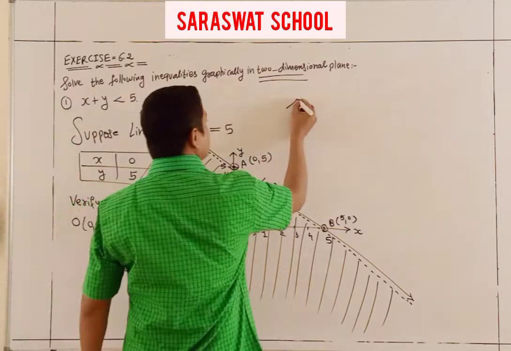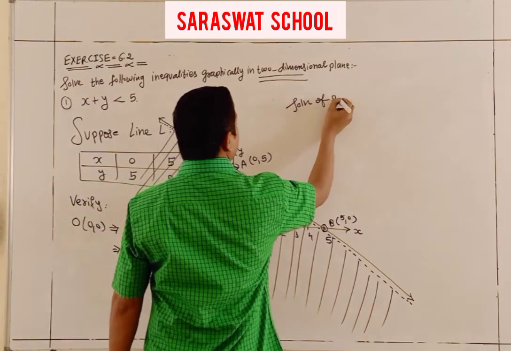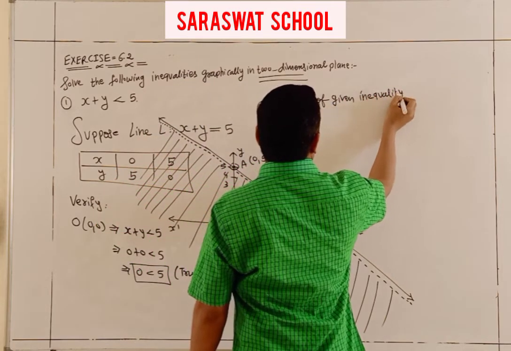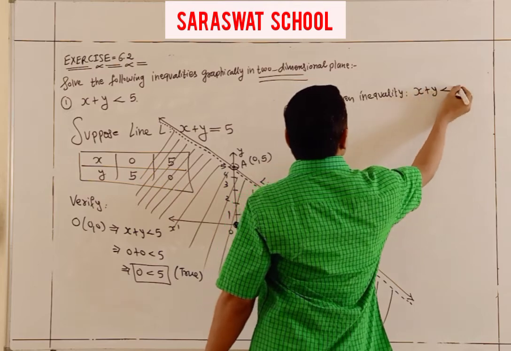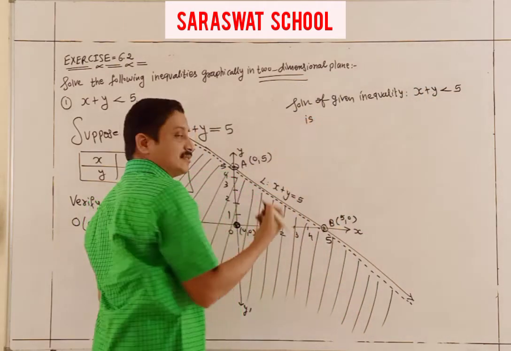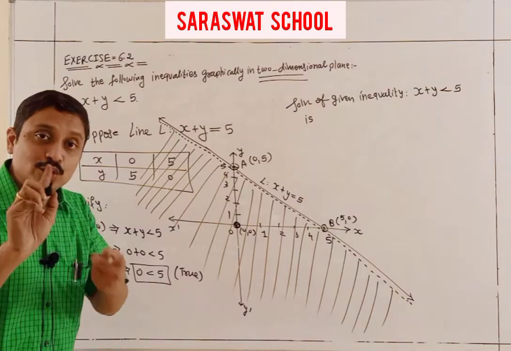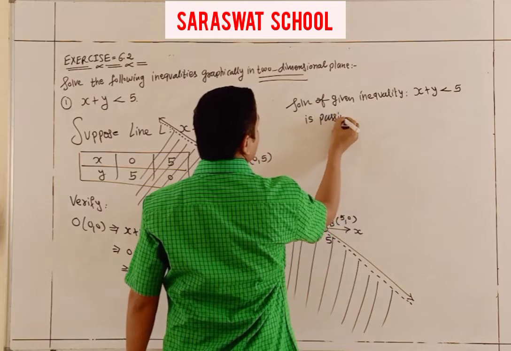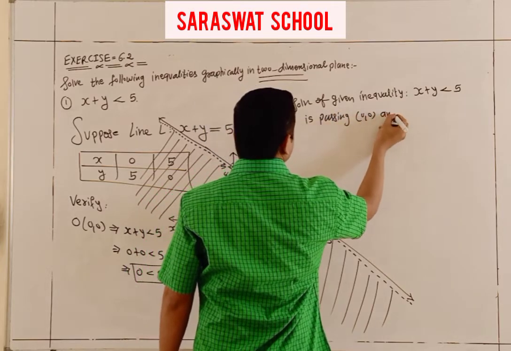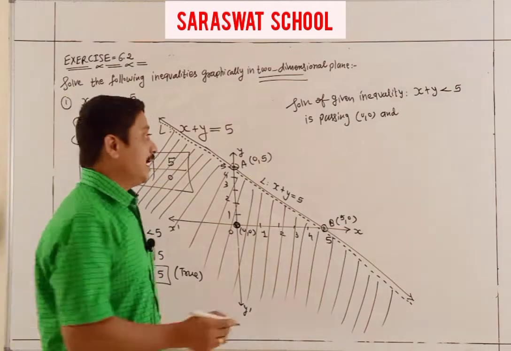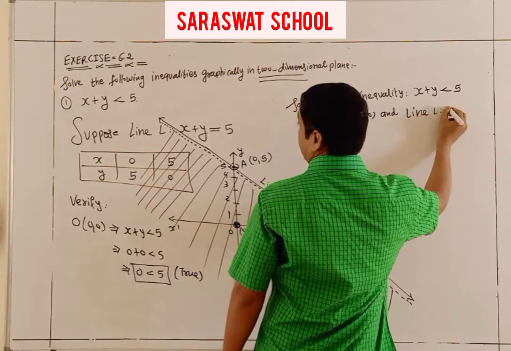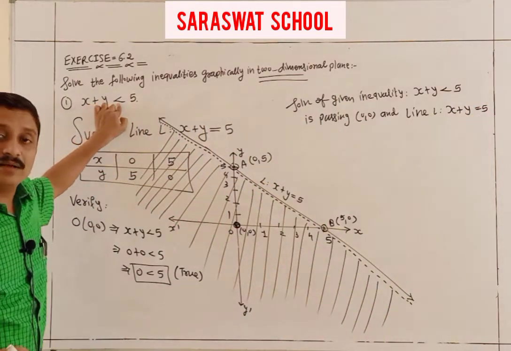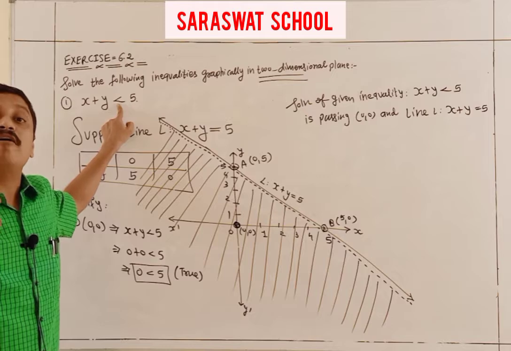So, my solution of the given inequality. What is the given inequality? x plus y less than 5. Is it passing through the origin or not? That you write down first. It is not passing through (0, 0). And the line L, x plus y is equal to 5, here less than is given, so you write down open half plane.